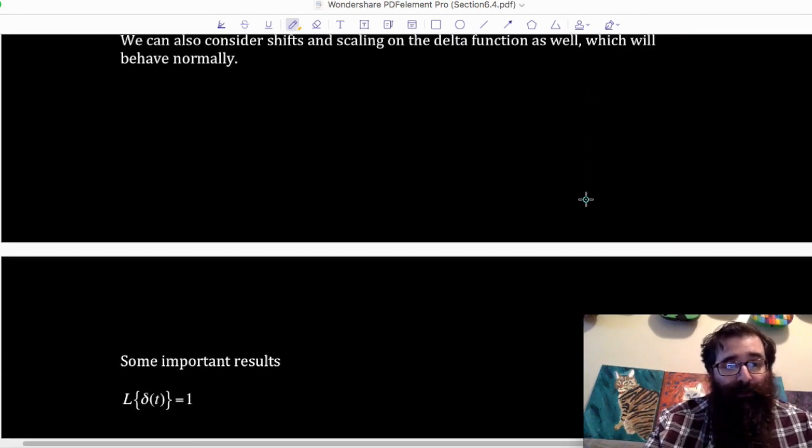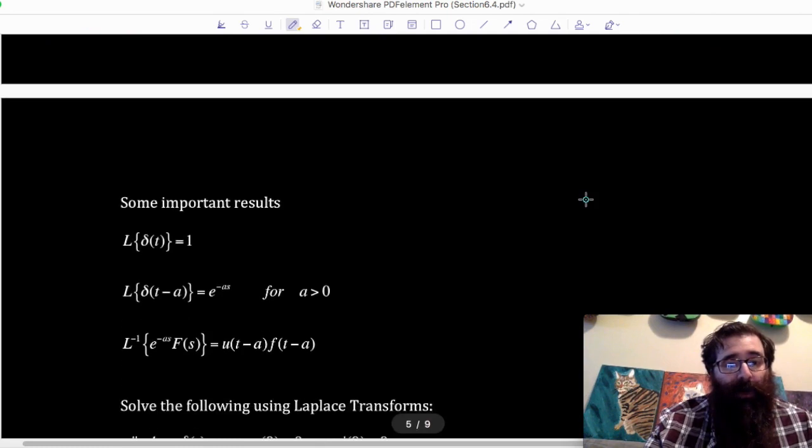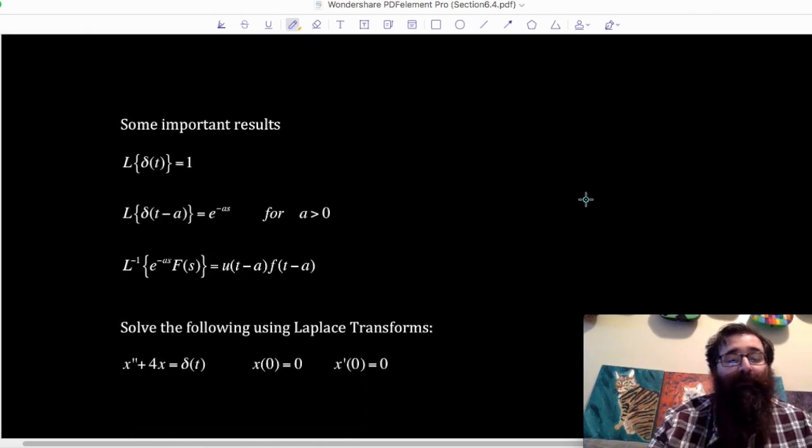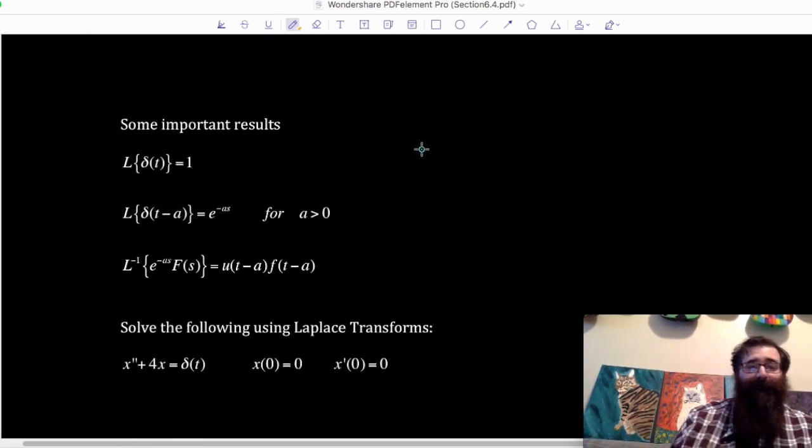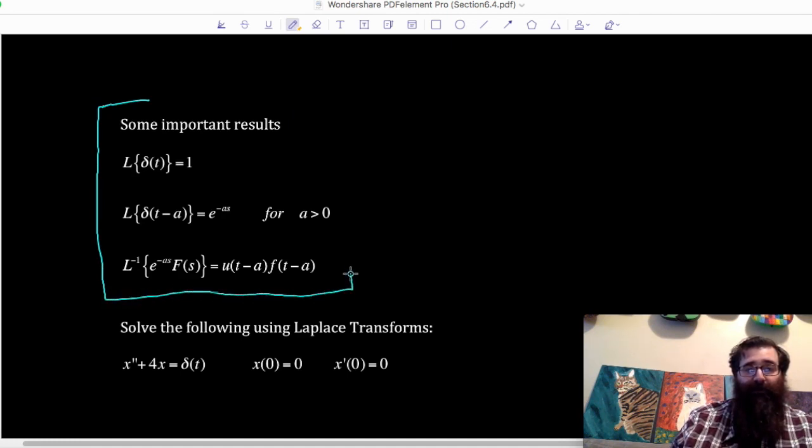What we would expect. We have some important results here to consider, some things we've talked about. The Laplace transform of the delta function would give us 1. The Laplace transform of the shifted delta function, where t minus a is the shift, would give us e to the minus as.